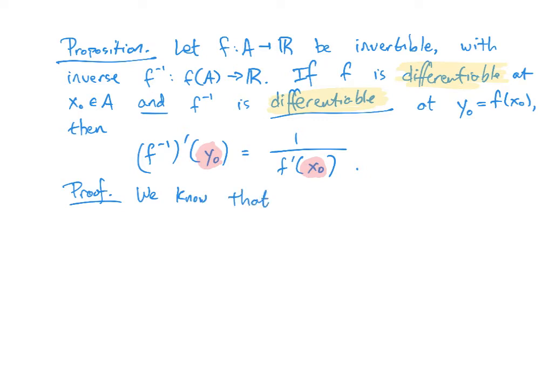Let's look at the function f inverse composed with f. Okay, what does that do? That maps A back to A, right? Assuming that f is invertible, if I apply f and then apply the inverse, I get back to what I started with.